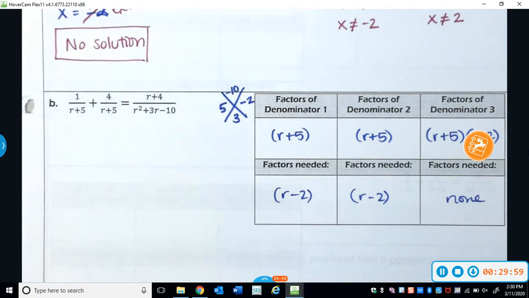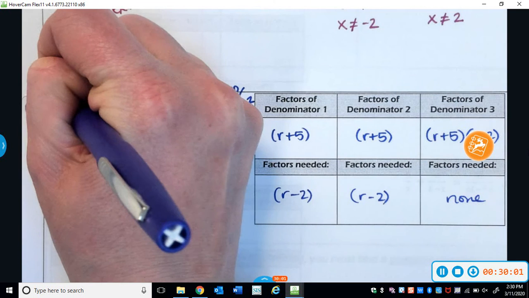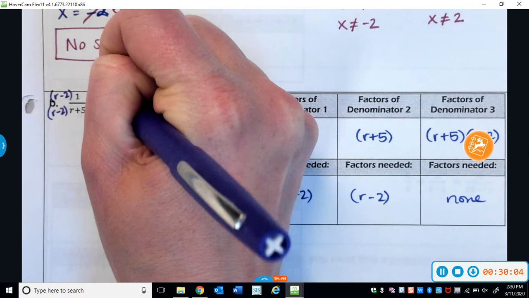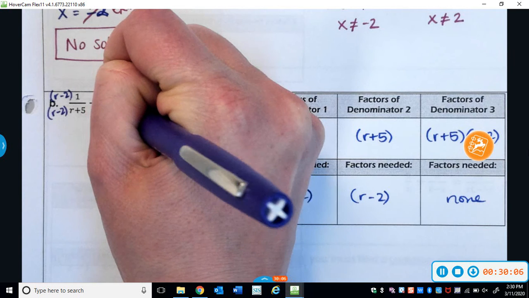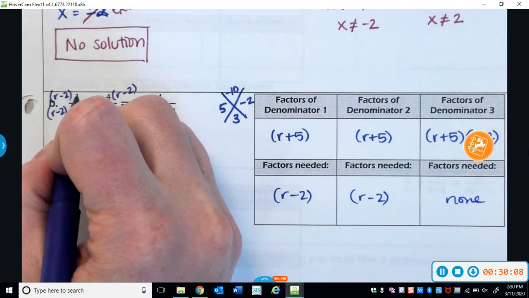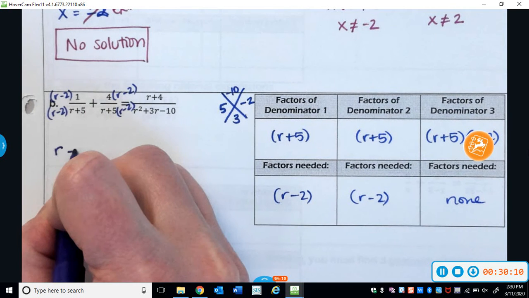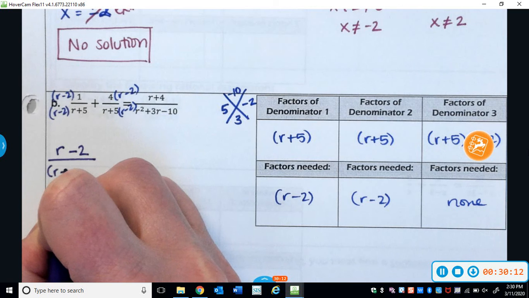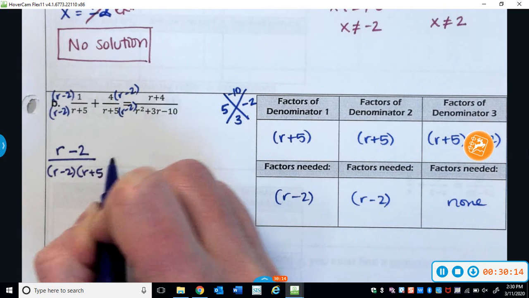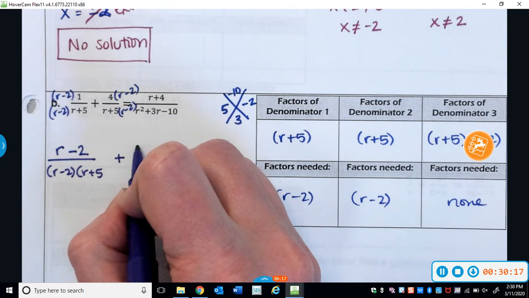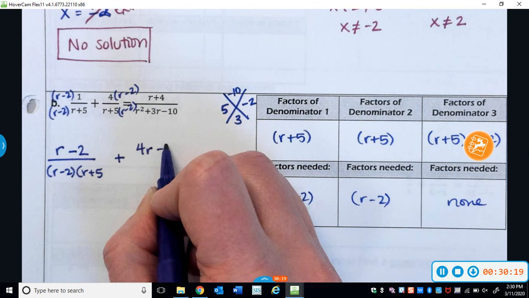So I'm going to start by multiplying r minus 2 to each of the first two fractions. 1 times r gives me r, 1 times negative 2 gives me negative 2. 4 times r gives me 4r, 4 times negative 2 gives me negative 8.